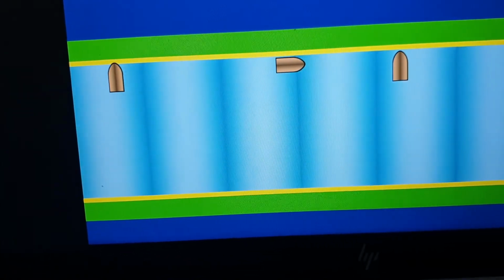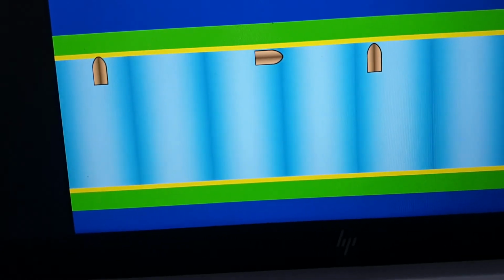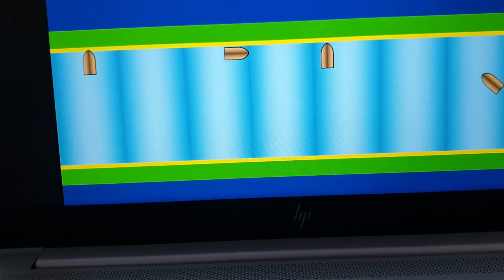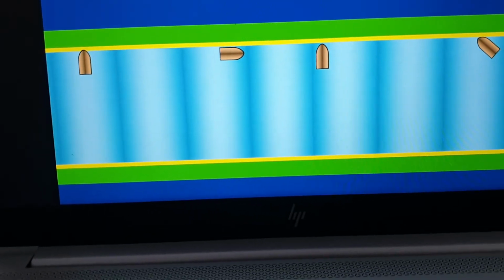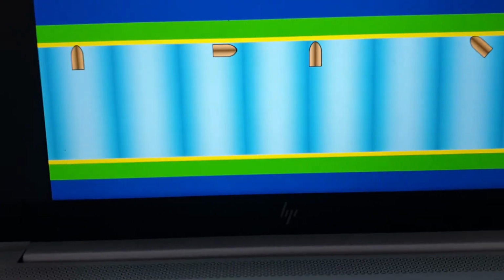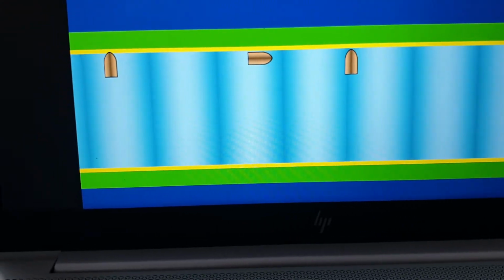But if the pilot was smart, this is what the pilot would do. He'd point the boat into the stream, into the direction from which the water is coming. So the boat is pointing that way, and then you reach the other end.